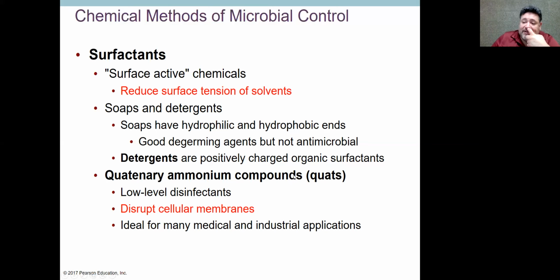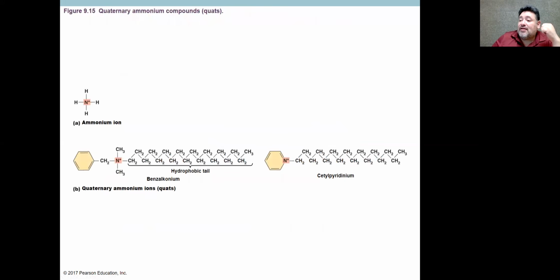Quats are very cool. This is a new type of surfactant that's come out. And not surprisingly, it deals with lipids and the emulsification or disruption of cellular membranes, okay? They're very popular these days. And this is what a quat looks like, okay? Again, it is a detergent. How do you know that's a detergent?